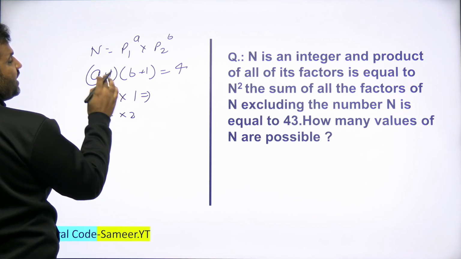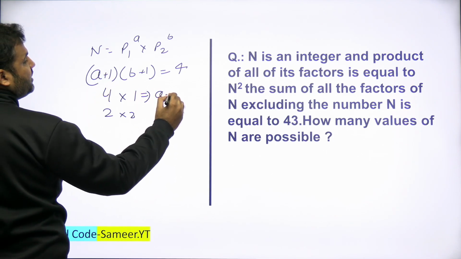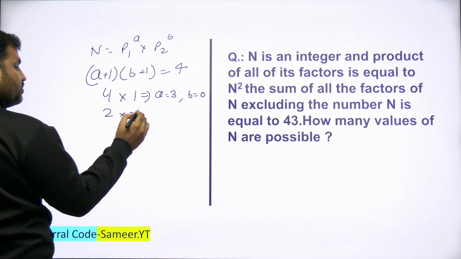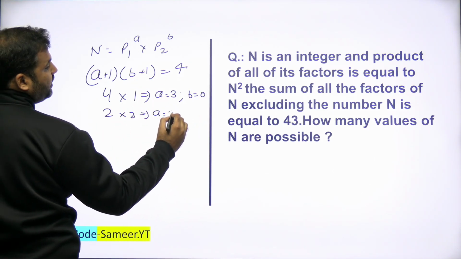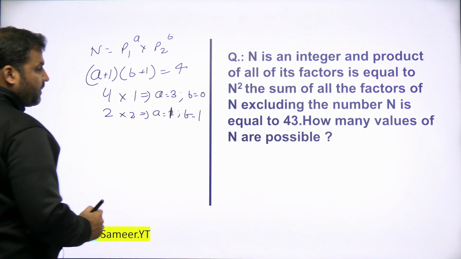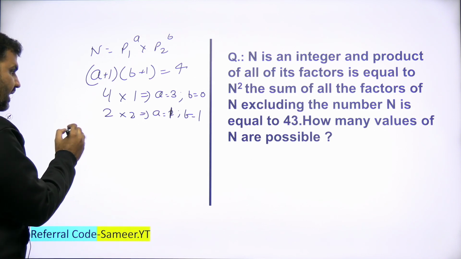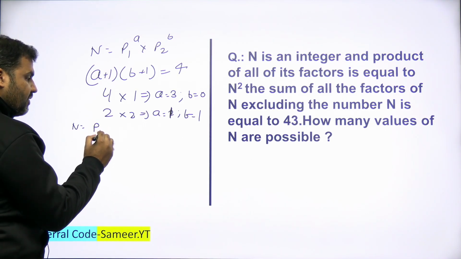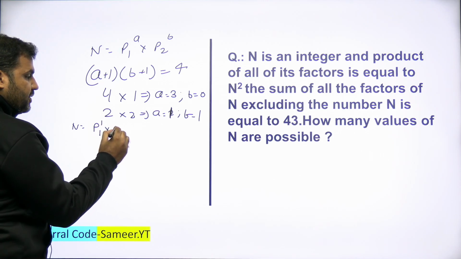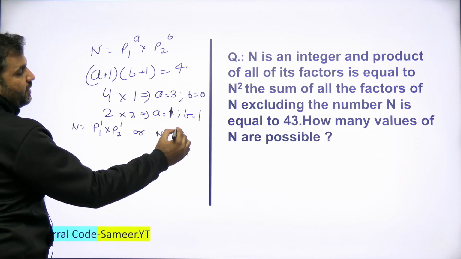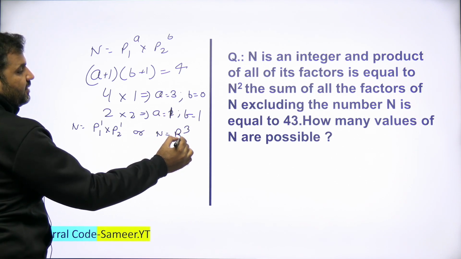If it is 4 into 1, a plus 1 is 4, so a will be 3. b plus 1 is 1, so b will be 0. Here 2 into 2 means a plus 1 is 2, so a is 1, as well as b plus 1 is 2, so b is also 1. That means the number n would either be equal to p1 power 1 multiplied by p2 power 1, or the number n will be equal to p1 power 3, where p1 is a prime factor of the number.